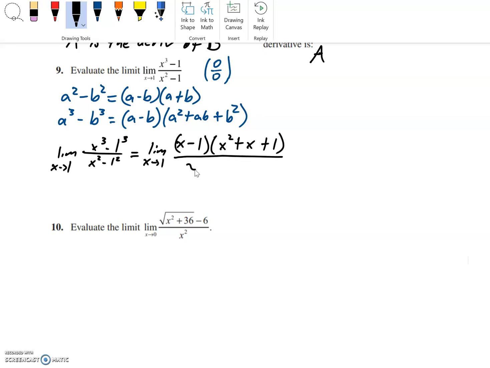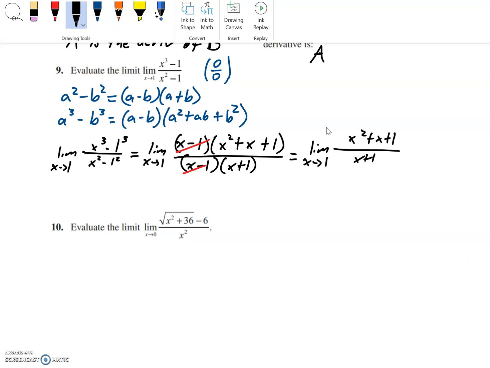And then in the bottom, this one we've done many times before leading up to this class. Right, so we get x minus 1, which is really the problem for plugging in 1. Those guys are going to cancel, which is great. So we say, well, this limit becomes a lot easier. X squared plus x plus 1 all over x plus 1.